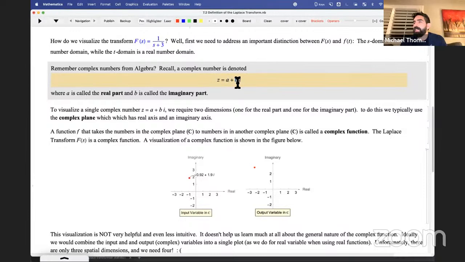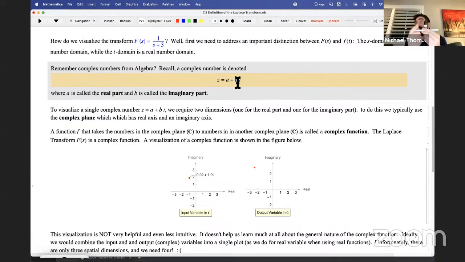Typically what we do is we graph this in what's called the complex plane. The complex plane is another Cartesian-looking system where you have a horizontal axis and a vertical axis. For just a single complex number, you'd go on the real axis for your real part, and then your vertical would be your imaginary part.